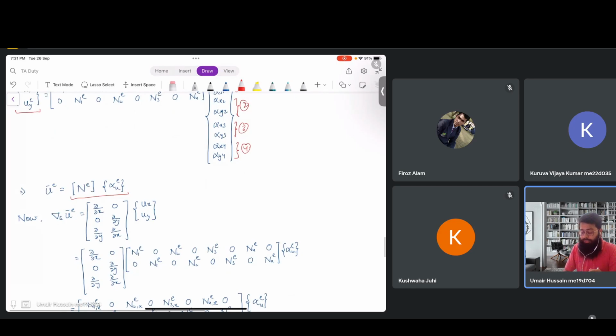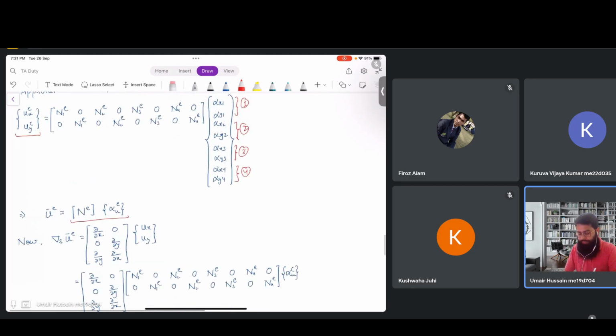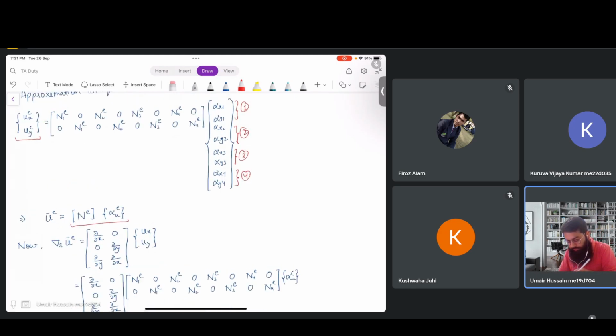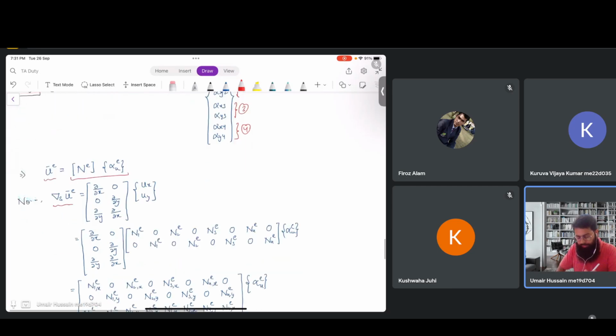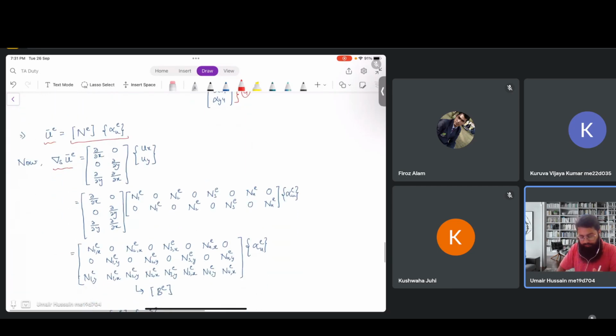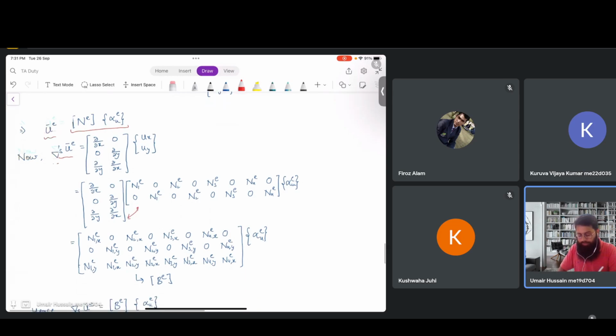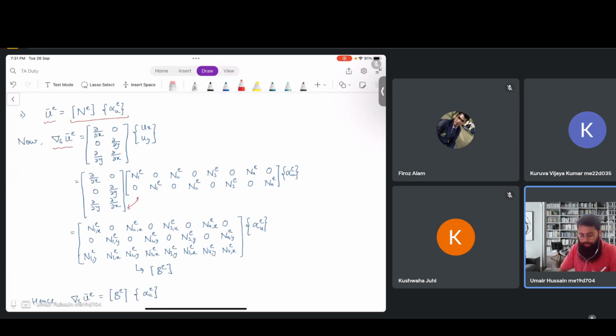So now the next thing is to calculate, so this gives us the representation of UE in terms of the shape function. Now what we need is gamma, this del operated on UE. So del is what we know. If we solve this, we multiply these two matrices, we'll have this 3 by 2 and 2 by 8 matrix.